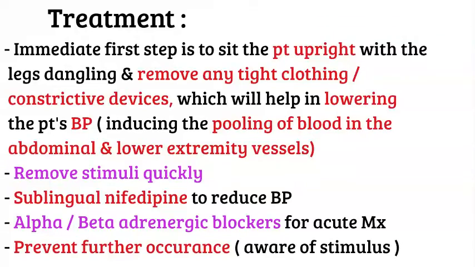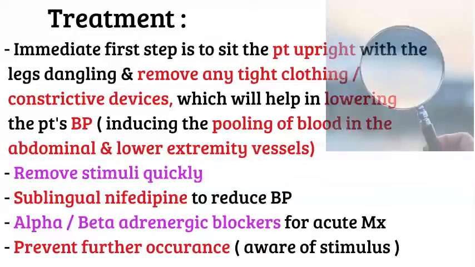Remove or treat the stimulus quickly. Sublingual nifedipine to reduce the blood pressure. Alpha or beta adrenergic blockers for acute management of high blood pressure. Prevent further occurrence, and please be aware of the stimulus.